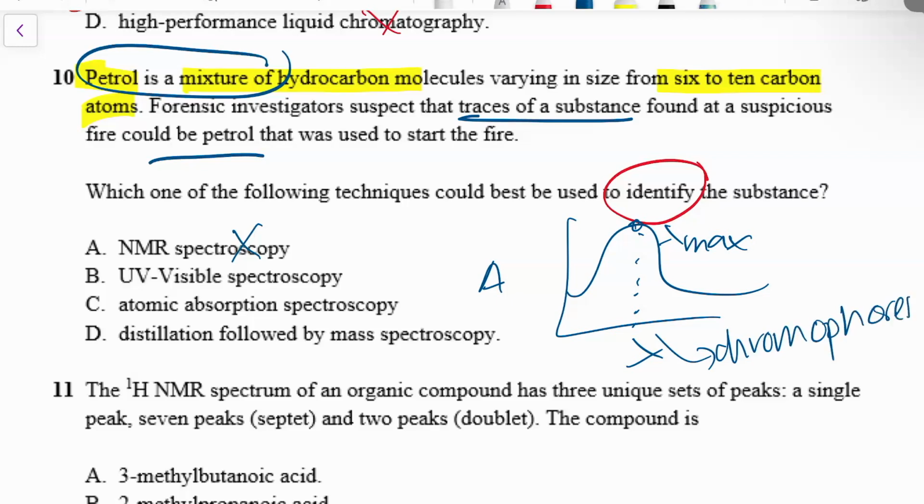Pretty much the same thing. Different chromophores have different lambda maxes. So single bonds, double bonds, and so on. But then they want you to identify petrol.